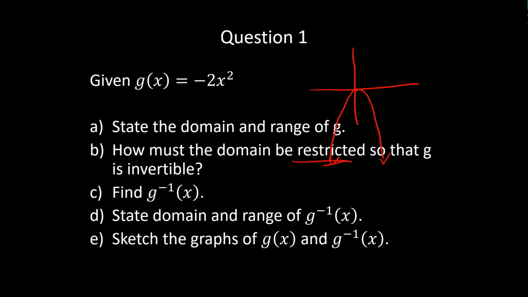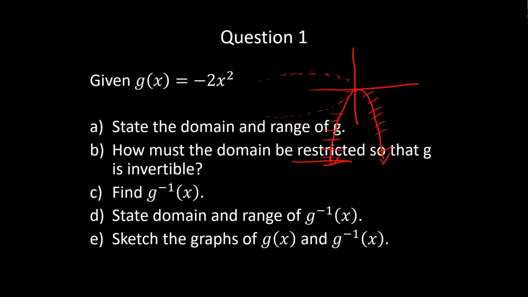Well, if we were to draw the inverse graph, let's just make a quick sketch. It's going to look something like this. So that would be something like what the graph of the inverse is going to look like. Now for me to restrict the original function, I would either need to restrict to this arm where x is less than or equal to 0, or I'll have to restrict to this arm where x is greater than or equal to 0.